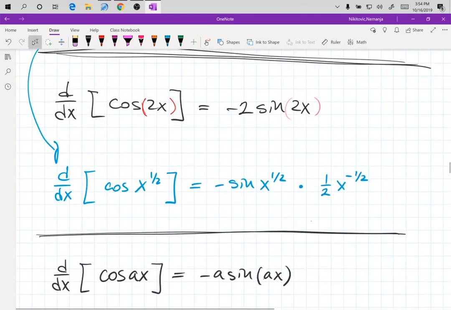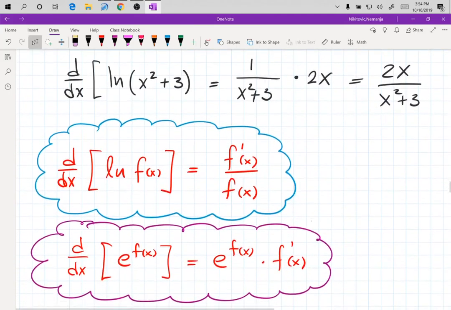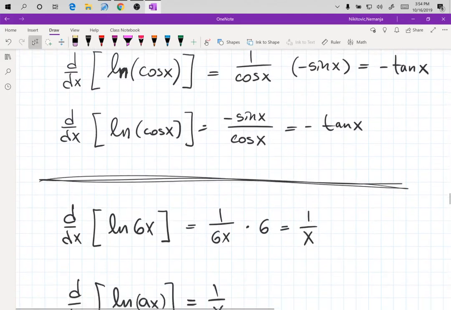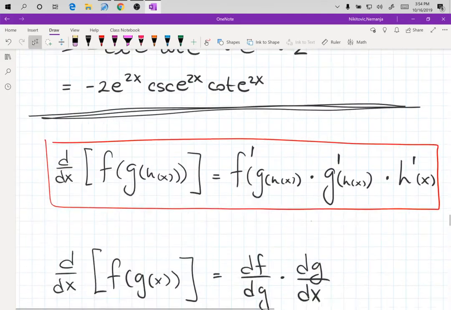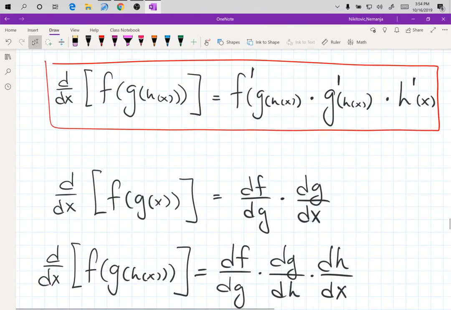And if we have multiple levels, then we work it out as a chain, which is shown here. The number of functions you have is the number of derivatives that you need to have in your answer.